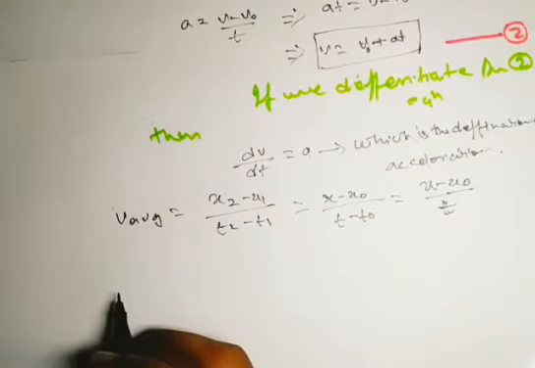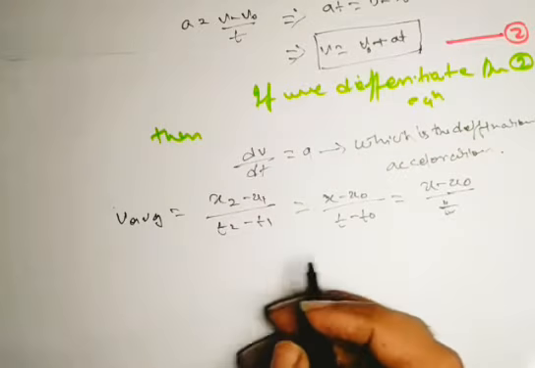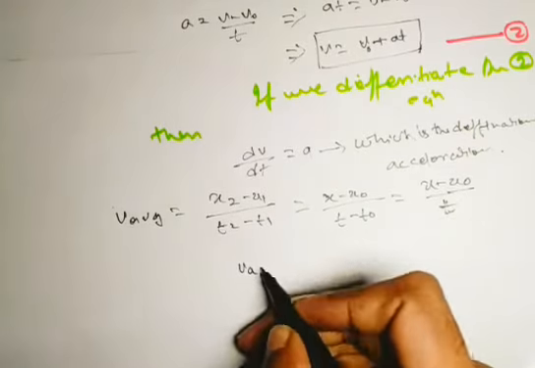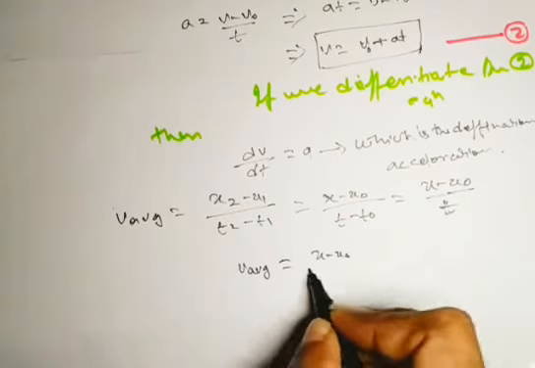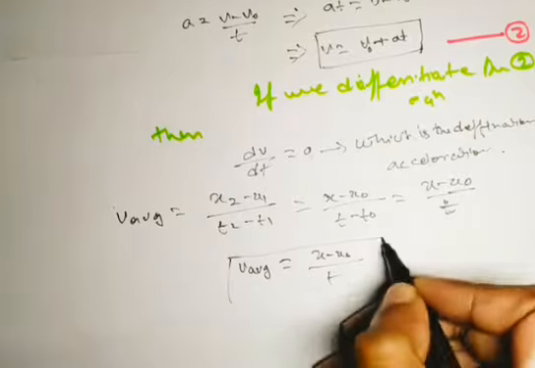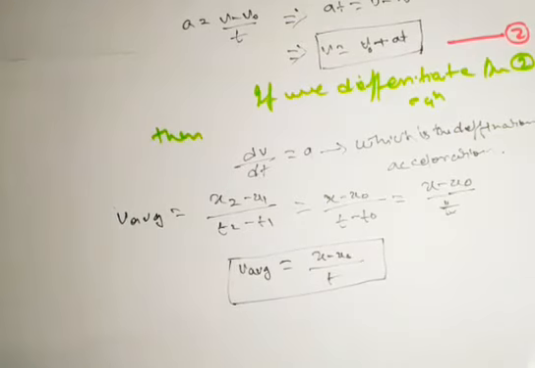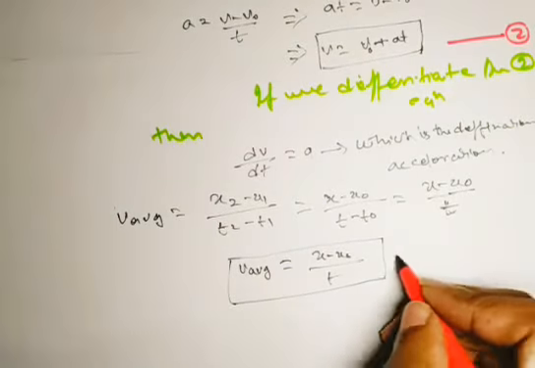So we can also write that v average is equal to x minus x naught upon t. This is equation number 3.